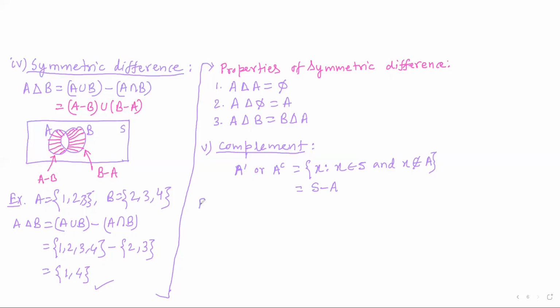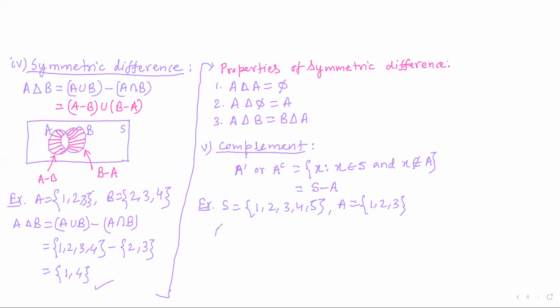That is, from the universal set, if you take the difference of set A, then you will get the A complement. Suppose I am taking one example. Suppose I am taking one universal set. That set contains 1, 2, 3, 4, 5, and set A contains elements 1, 2, 3.